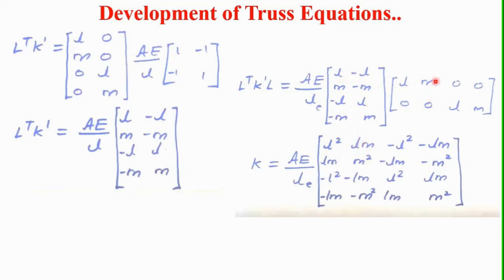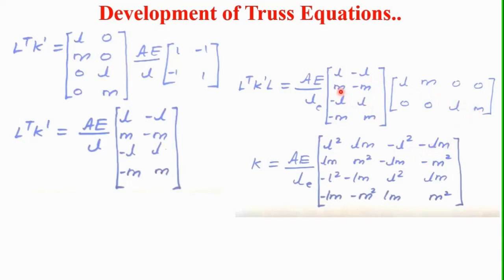Now third term, l into 0 is 0, plus minus l into l, that is l square, so therefore the third term will be minus l square. Similarly the fourth term will be l into 0 is 0, minus l into m is minus lm.